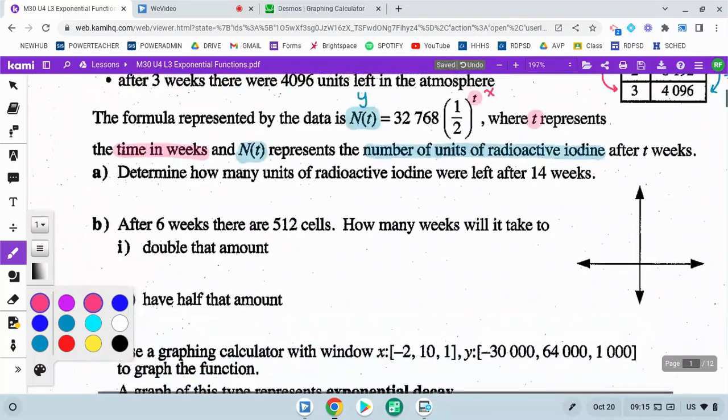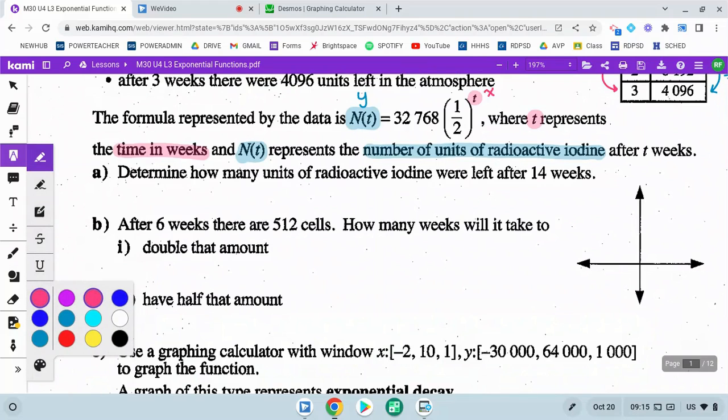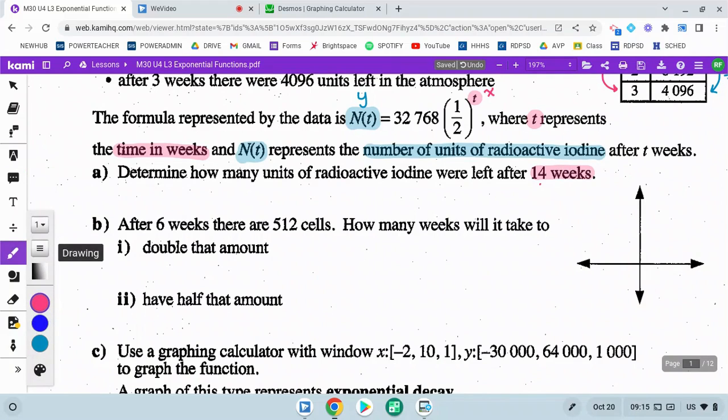Okay, determine how many units of radioactive iodine were left after 14 weeks. Again, in a question like this, 14 weeks represents T, that's my time. So I know T in my equation will be 14.